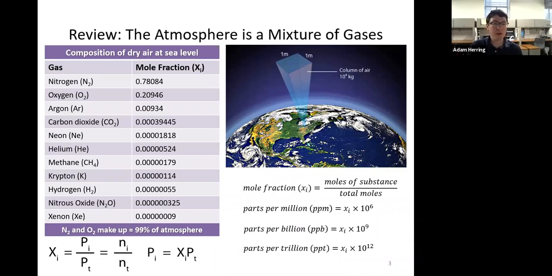Parts per million, billion, and trillion is calculated by taking the mole fraction of a gas and then multiplying it by either a million, billion, or trillion. It's equivalent to saying how many molecules of that gas there are, or how many atoms of that gas there are, if it's a single atomic gas like argon or neon or helium, per 1 million molecules, or per 1 billion, or per 1 trillion molecules.